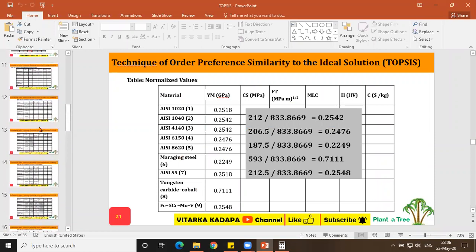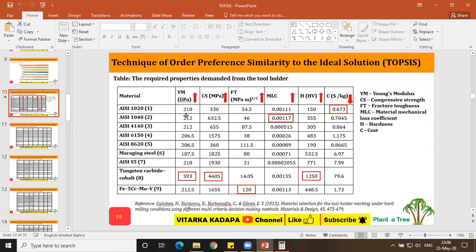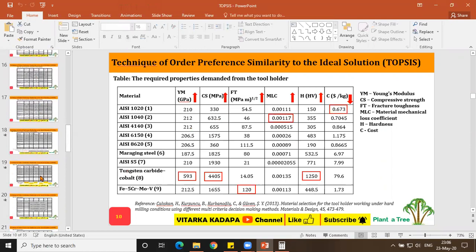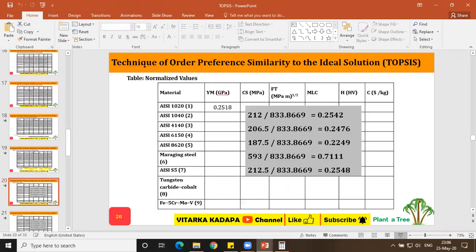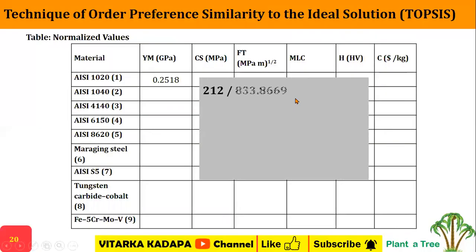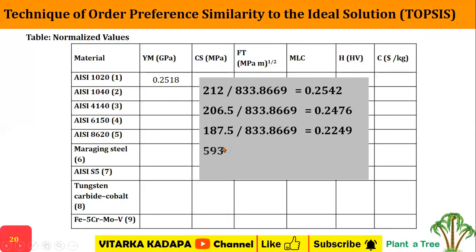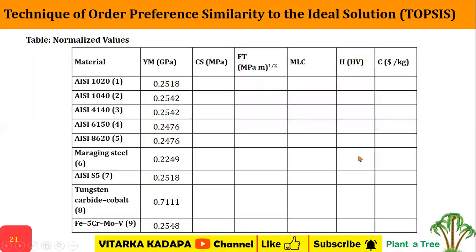In the basic data, if you observe, 210 is there 2 times, 212 is there 2 times. So that's why you can observe the repetition of the data here. That's why I have considered only one value, so 210 will be 1 time, like that. These values I have to note down here.